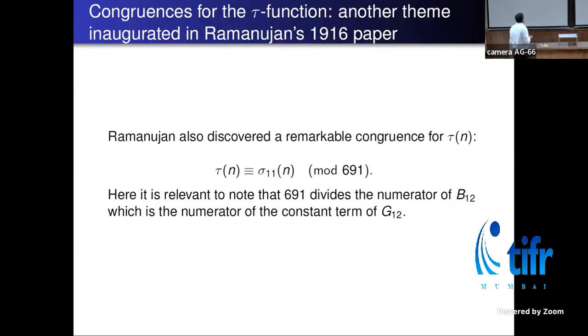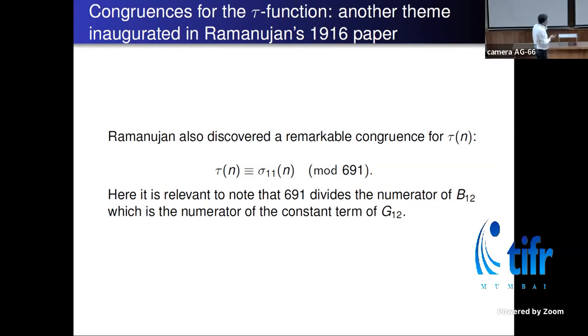All right, and the other thing: so this was some stuff about multiplicative properties and Archimedean size of tau n. Ramanujan also discovered a remarkable congruence for tau n, which has again been very influential in various developments in number theory. Tau n itself as a function has no simple formula, right? It's some kind of mysterious function, but modulo primes, he discovered that mod 691, which is a fairly large prime, it is very simple, right?